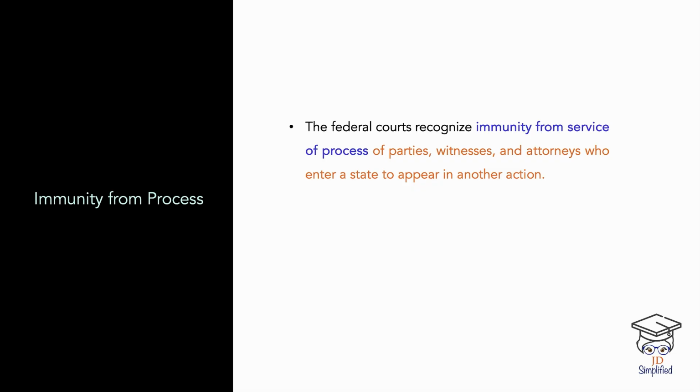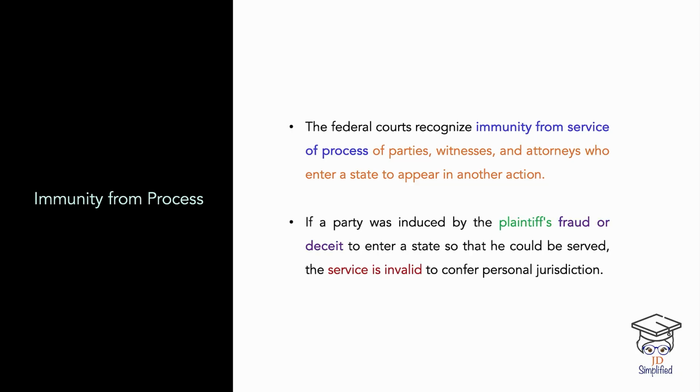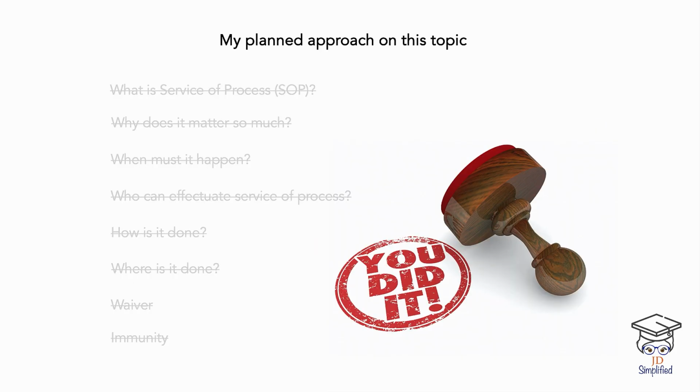The federal courts recognize immunity from service of process of parties, witnesses, and attorneys who enter a state to appear in another action, in another lawsuit. Also, if a party was induced by the plaintiff's fraud or deceit to enter a state so that he could be served, the service is invalid to confer personal jurisdiction. We did it, guys. That's it for service of process.